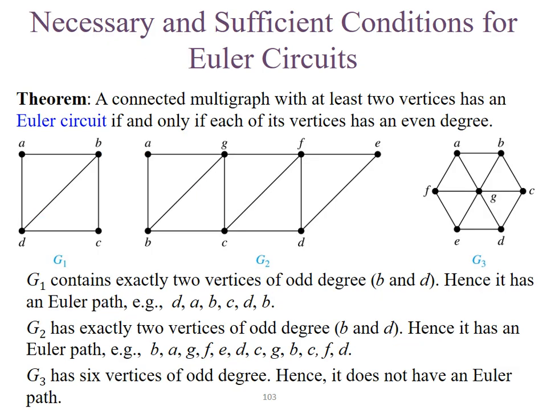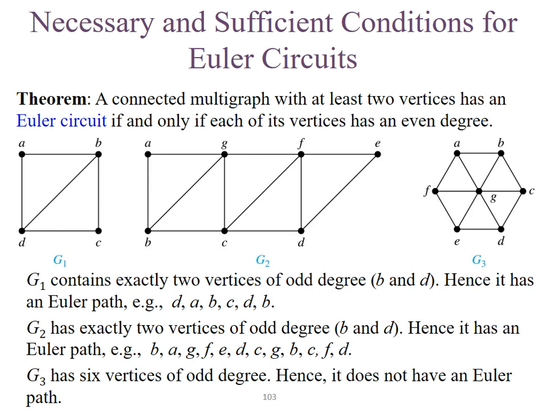Okay, so this simple observation gives us the theorem of sufficient and necessary conditions for an Euler circuit. A connected multigraph with at least 2 vertices has an Euler circuit if and only if each of its vertices has an even degree.